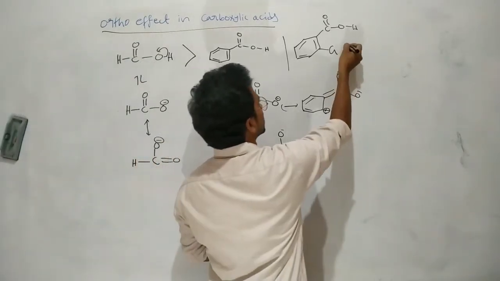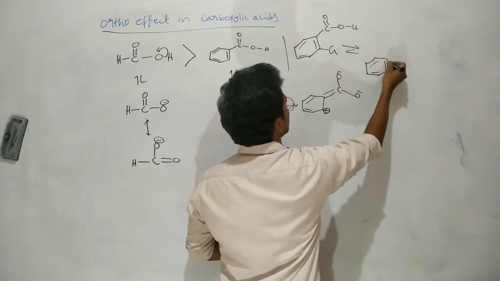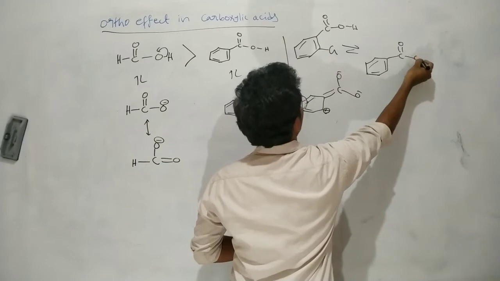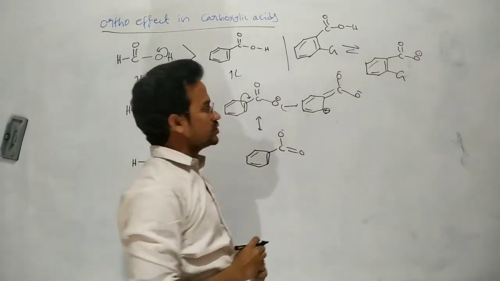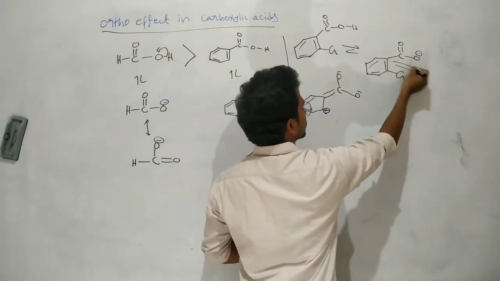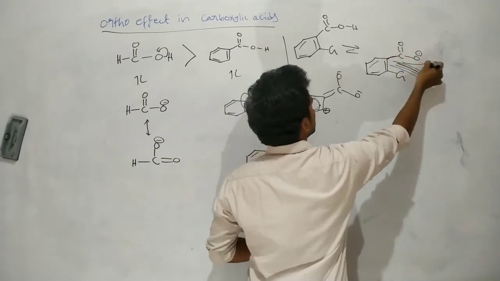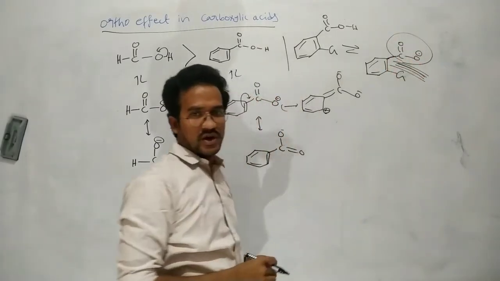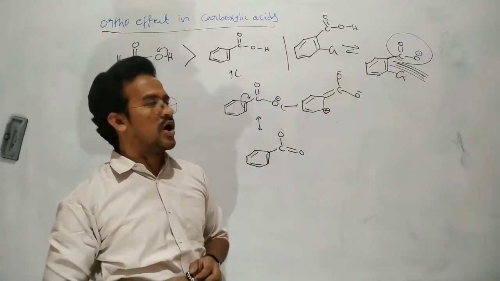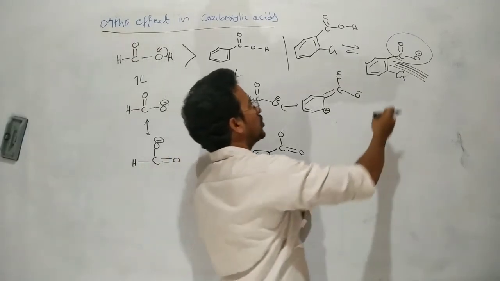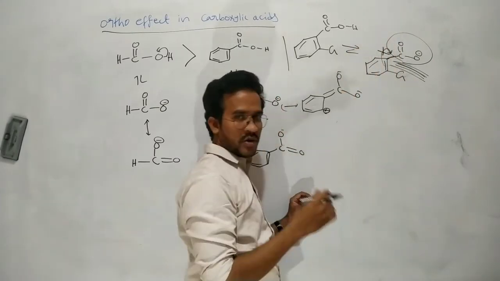Here you can see the main point: C double bond O, O minus, and the group G. Because of repulsions with this group, the carboxylate group goes out of the plane. Because of the steric repulsions with the group present at the ortho position, the group goes out of the plane. So the resonance with the benzene ring is stopped.